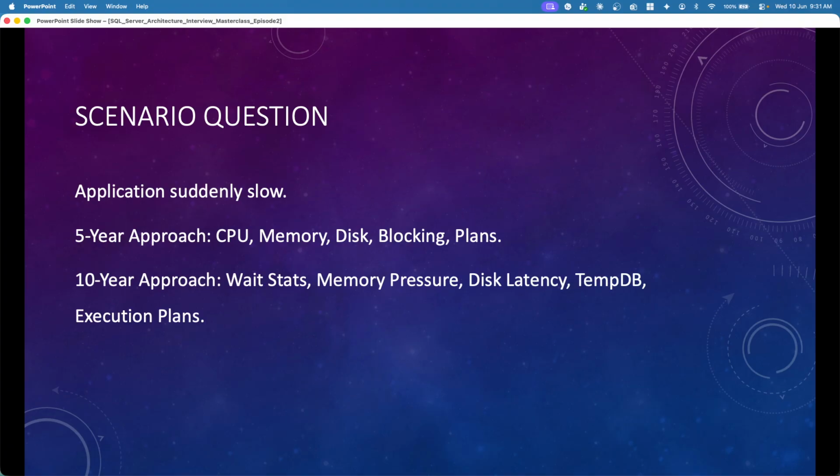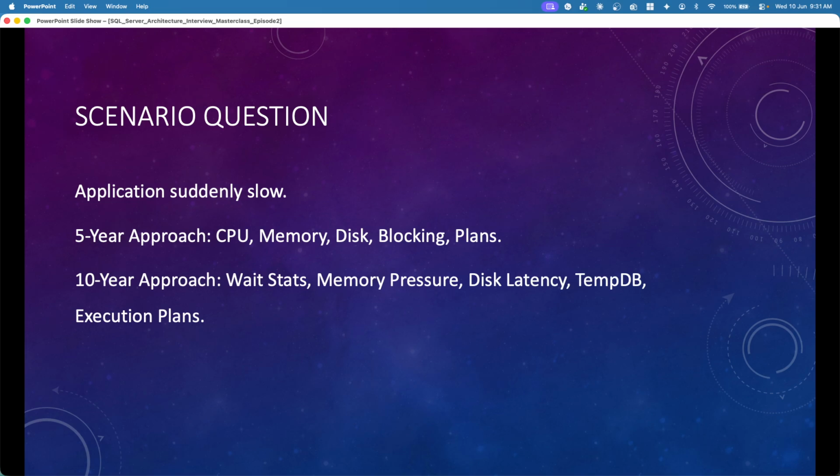As a 5 years person, obviously when any user raises a request stating that the query is taking longer time, or the application is too slow, because I have seen many DBAs with 5 years of experience, first they will check the CPU utilization, memory utilization, disk utilization, blockings, and then jobs.